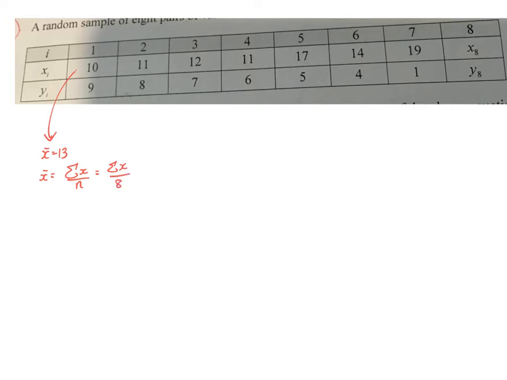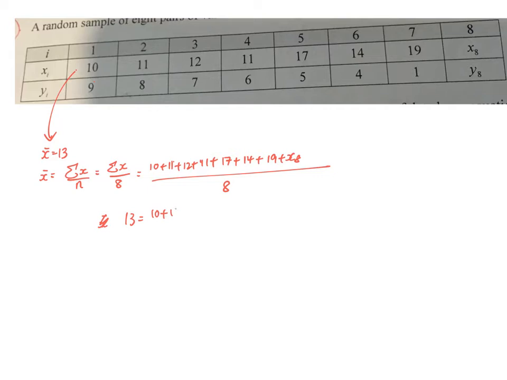Alright, so looking at all this, I can easily sum them together, and you could be doing it from a GC, or you could be writing it as 10 plus 11 plus 12 plus 11 plus 17 plus 14 plus 19 plus x8 over 8. Right, so what's the x bar? Now you actually have an equation where x8 is the only unknown. We know that x bar just equals to 13.